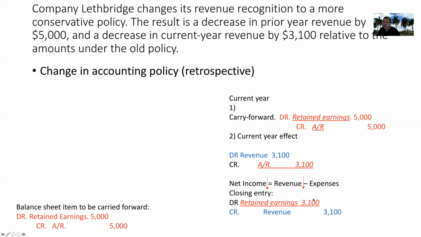Okay. So that's my effect on the balance sheet items. Both asset and equity decreased by 8,100. And for the income statement, my net income has decreased by 3,100. Okay, 3,100.